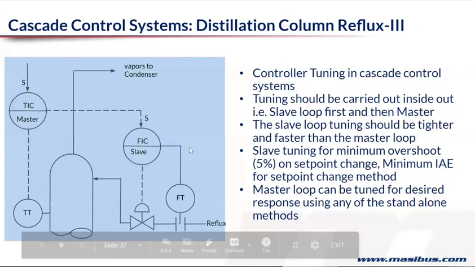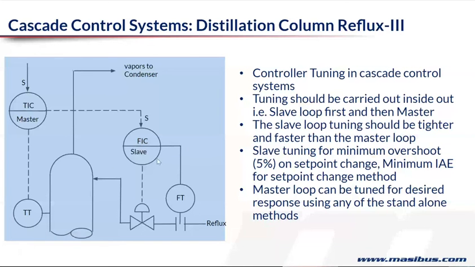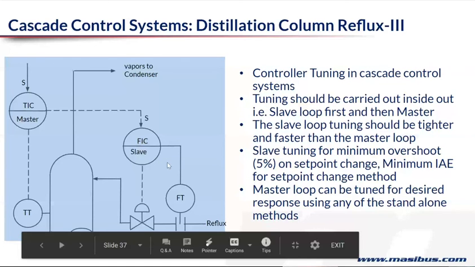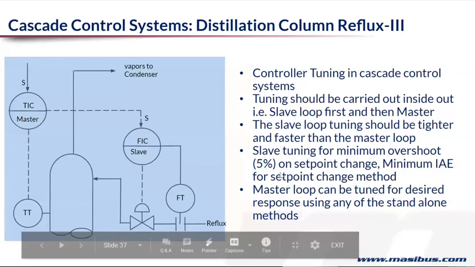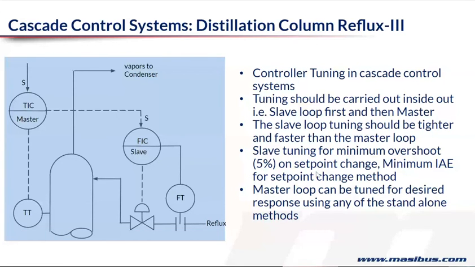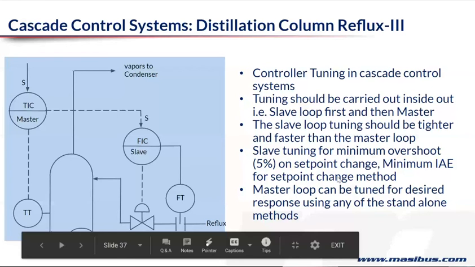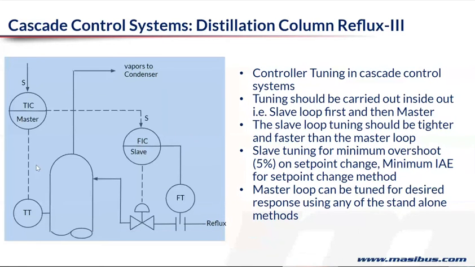So you have to spend maybe more time in tuning this for a tight control. You also tune the slave for minimum overshoot, so you use the minimum IAE for set point change method. Because if you are going to end up with an overshoot every time, then it will have some impact on the master parameter, which is temperature.